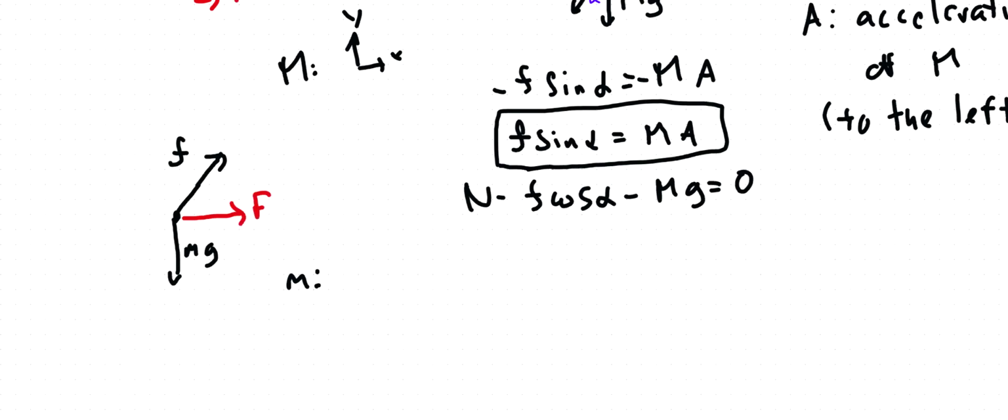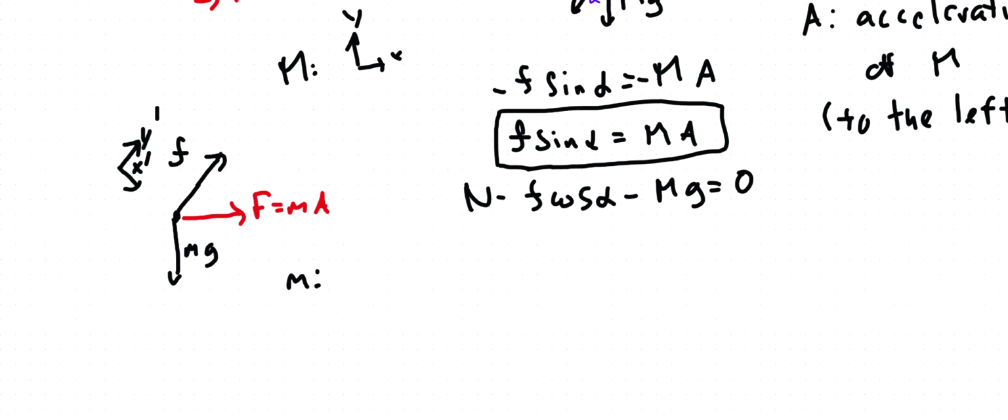F equals ma. Based on this, we can write equations of motion in the coordinate system specified by y prime, x prime, which is the moving or accelerating coordinate system. So we're going to take this as a direction and this x prime as a direction.